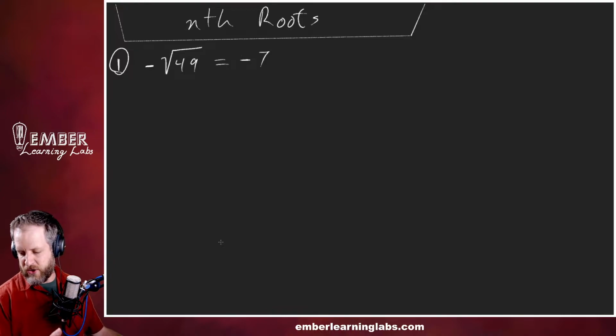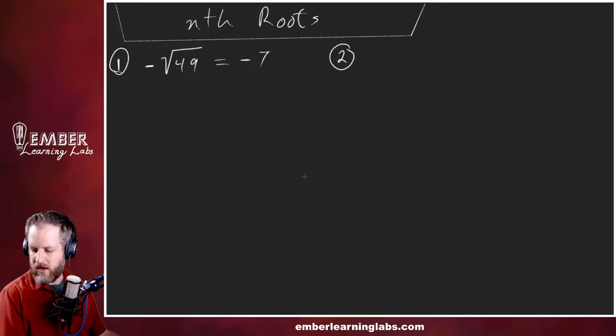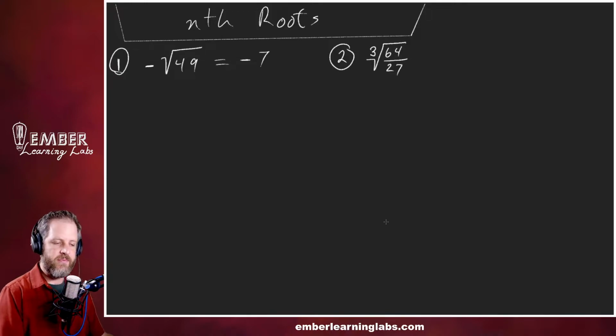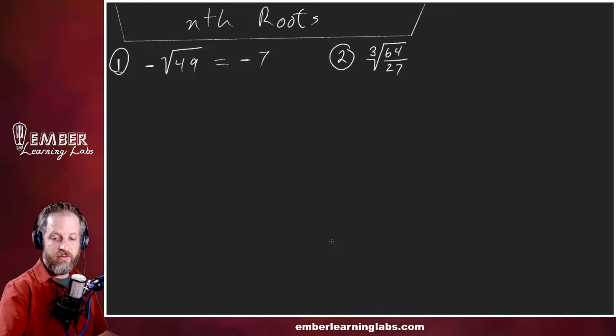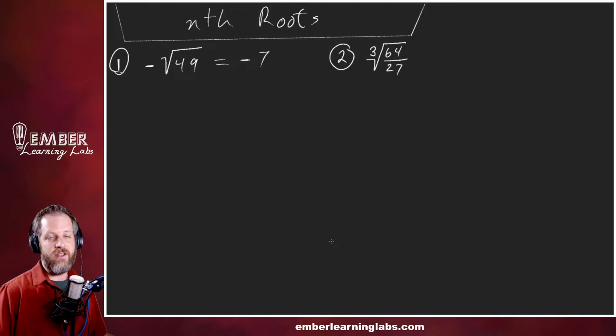So let's do another fairly straightforward example. This is going to be example number 2. To find the cube root of 64 over 27. So now the cube root, in case by some minor miracle you don't know what a cube root is at this point: a square root is what times itself equals that number.